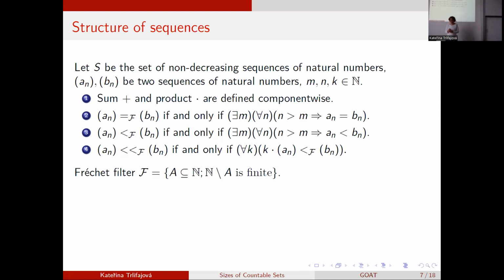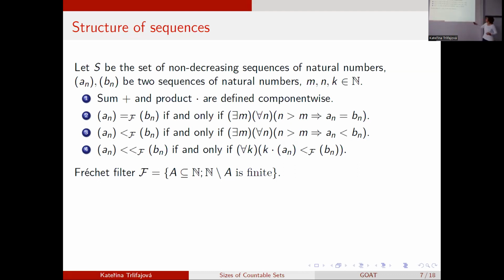In fact, I don't know how far you know it, but it is the same as when we use the Fréchet filter for comparison of these sequences. The Fréchet filter is a set of all complements of finite sets. And we say that two sequences are equal when they are equal for all indexes from the Fréchet filter. So it is the same way.